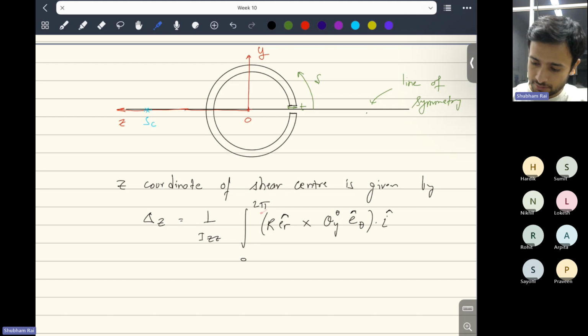And what is this Q Y theta? So Q Y theta is first moment of area with respect to, so let me just define what is Q Y theta, then only you will understand.